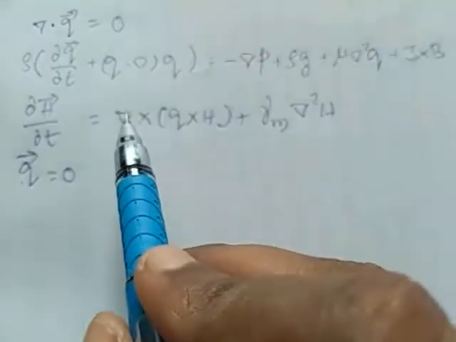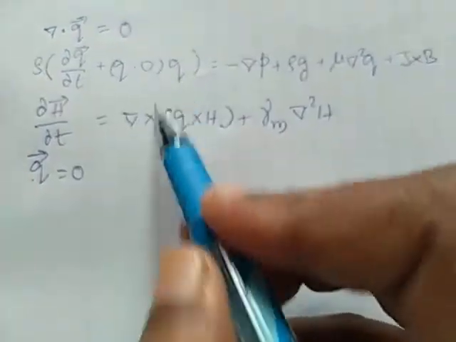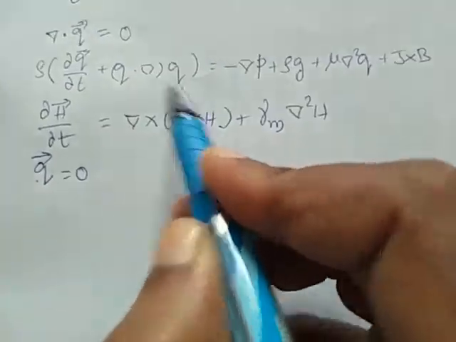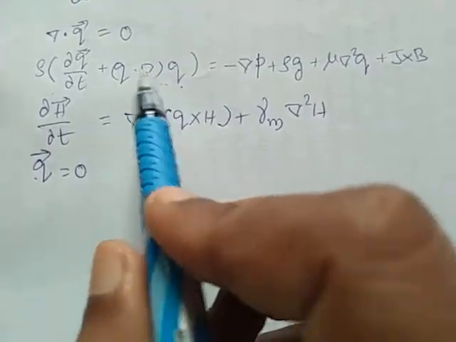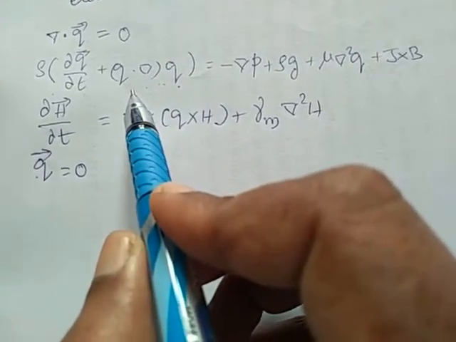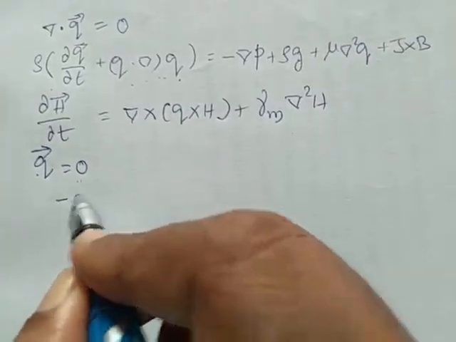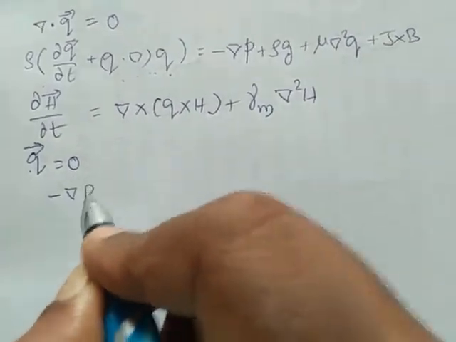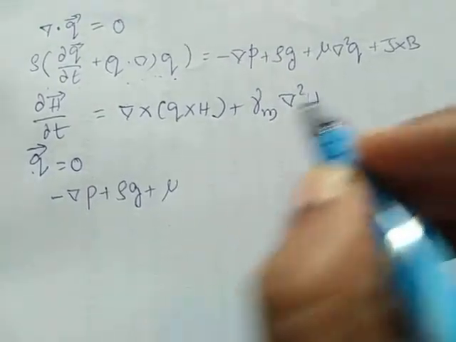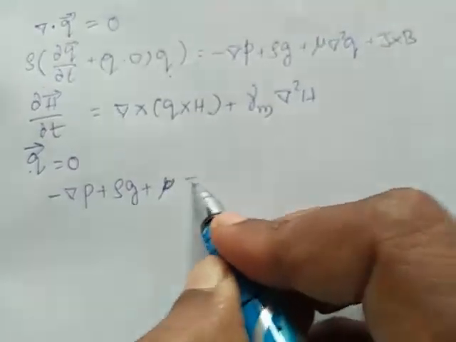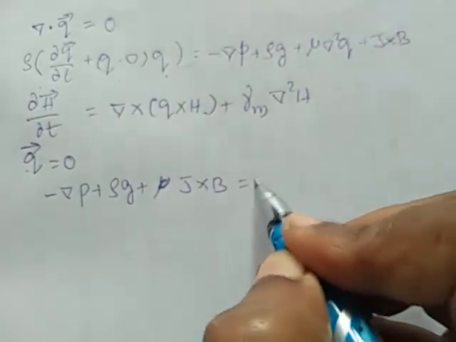So when Q is 0, the momentum equation reduces. In the momentum equation the LHS becomes 0, correct? Therefore we will have minus del P plus rho G plus J cross B equal to 0.